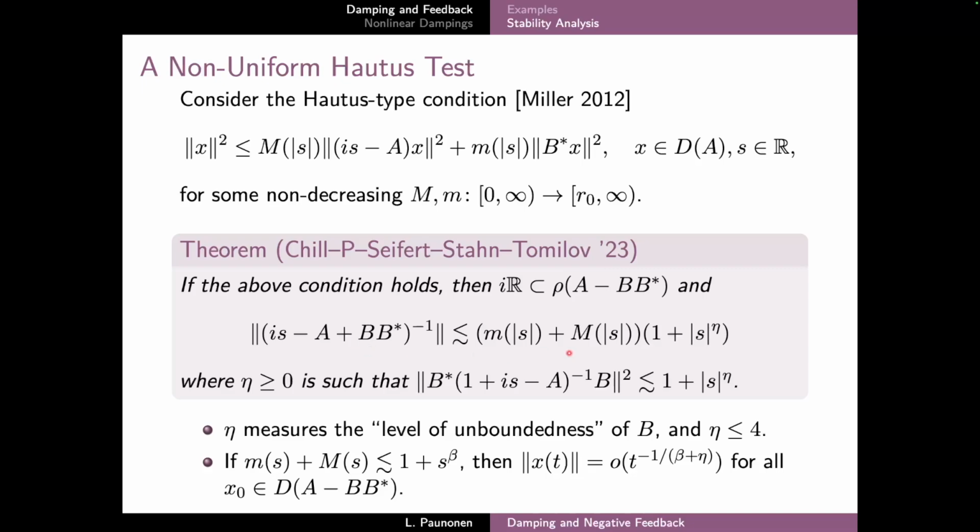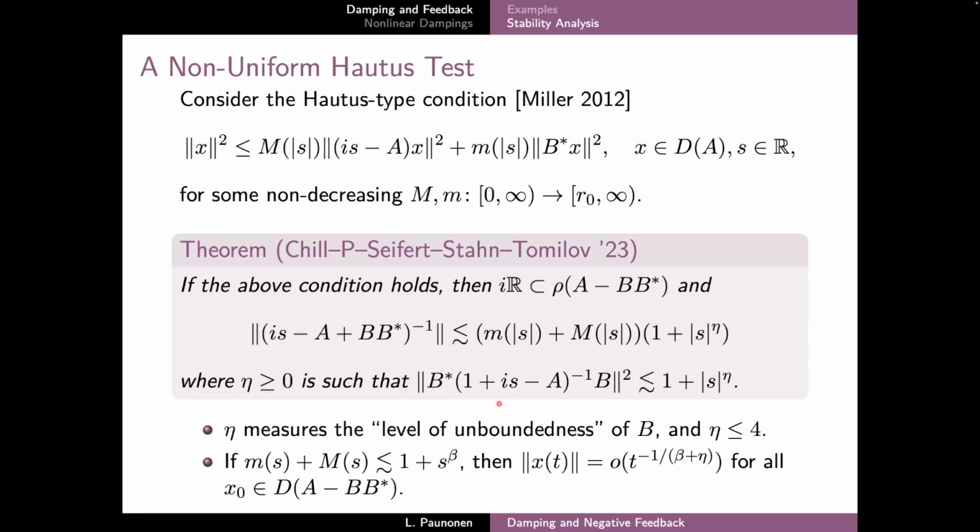And this resolvent estimate involves both of these functions m and capital M from the observability estimate, as well as an additional term which grows polynomially. And this eta parameter should be chosen in such a way that this condition holds. And if you know systems theory, you can identify this as the so-called transfer function of our linear system.